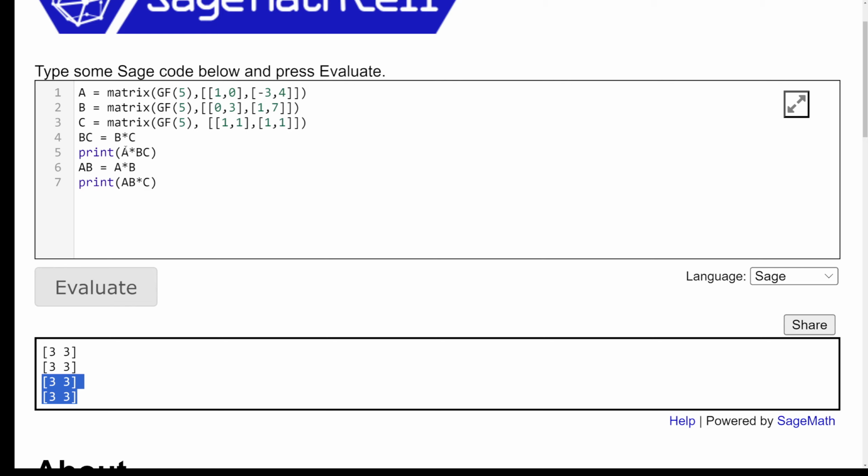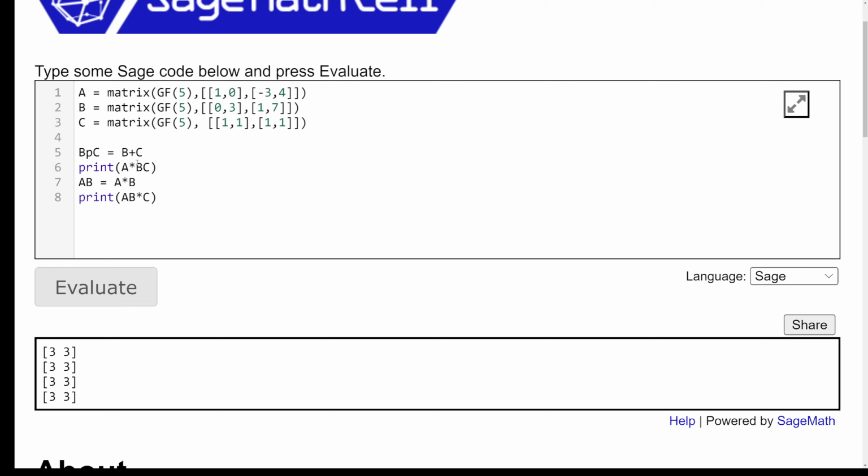Let's also look at the distributive property. So I'm going to write BPC for B plus C. What we want to do is check that A times (B plus C) is A times B plus A times C. Okay, so that's what we're checking with this example. This isn't a proof, it's just a check.